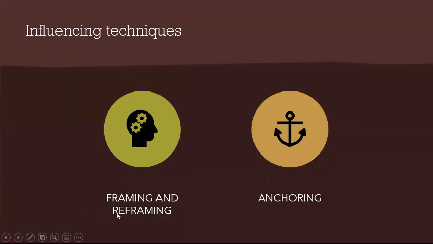Framing, as its name suggests, is to redefine something in favor of your decision or in favor of your choice. For example, when we are talking about lowering the price that you purchase from the supplier, you are not saying that this will benefit you, but you have to reframe that this action will benefit the supplier by increasing the quantity of purchase from the supplier.